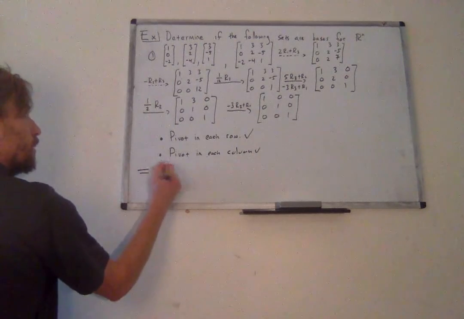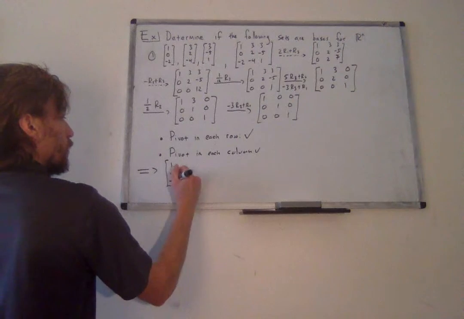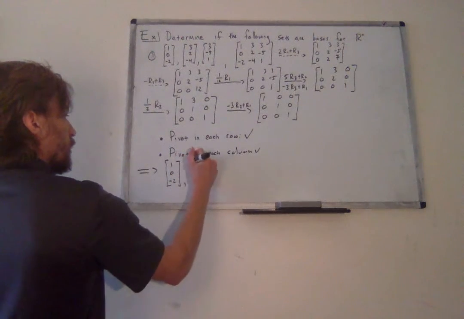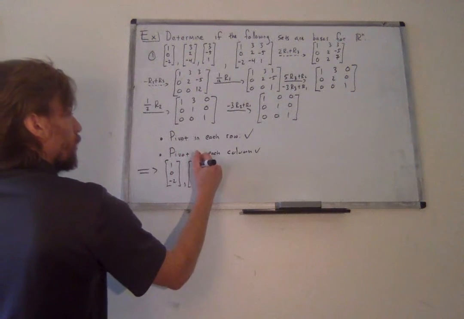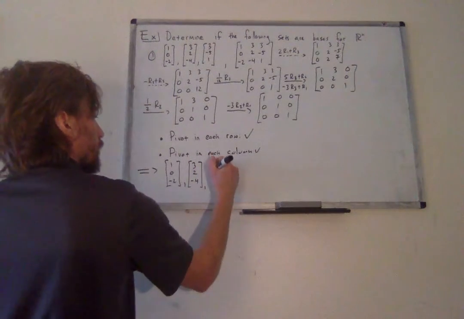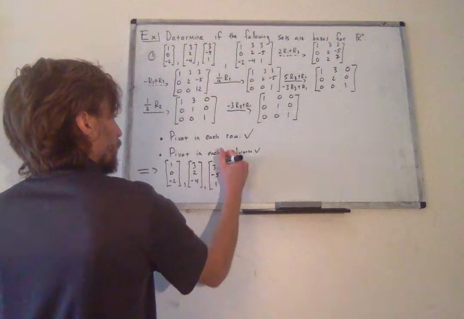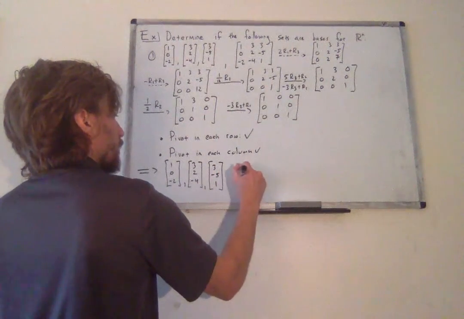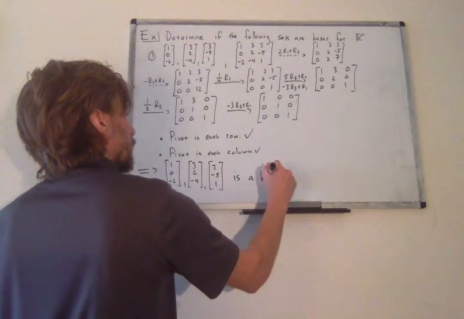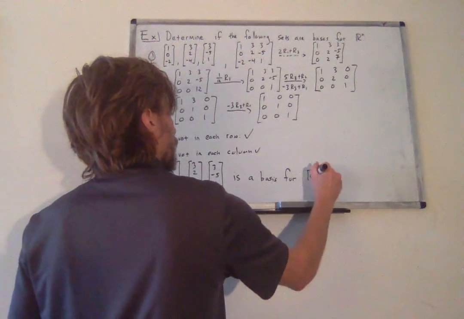So therefore, this set of vectors, (1, 0, -2), (3, 2, -4), and (3, -5, 1), is a basis for R3.